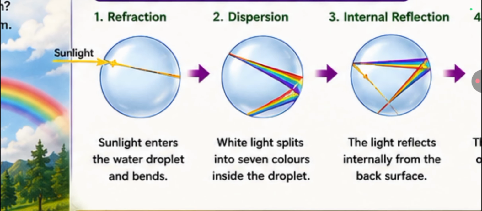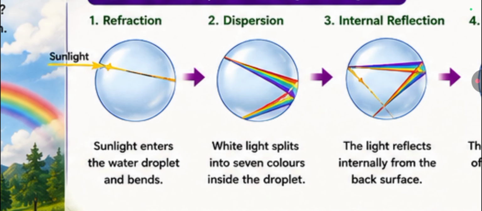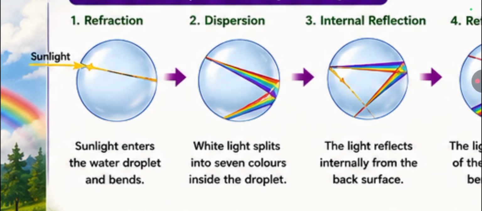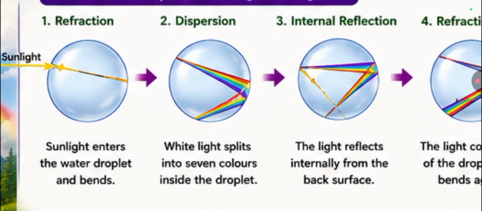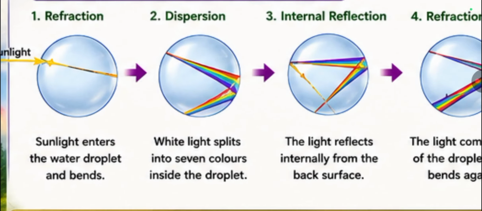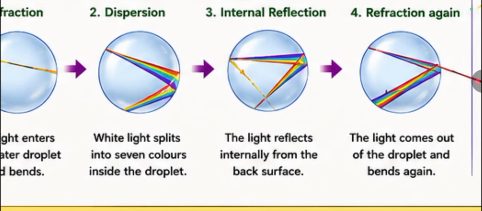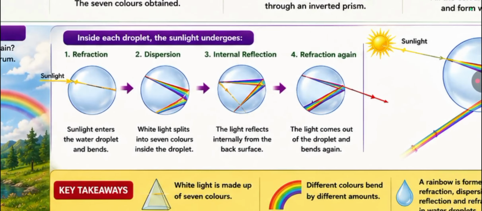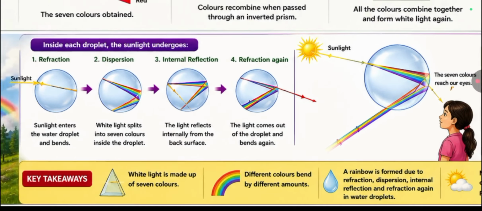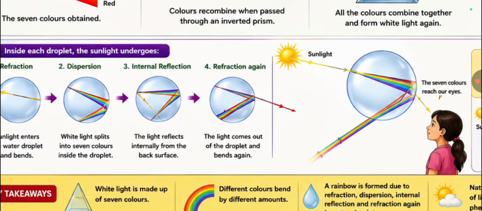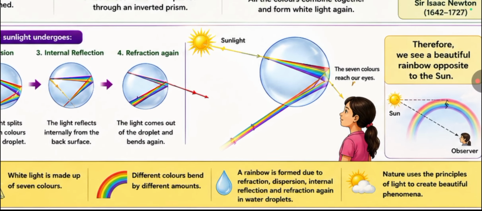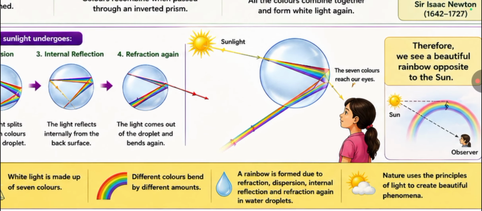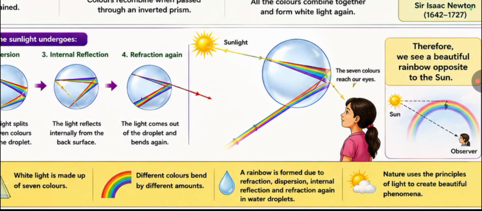Sunlight enters the water droplet and bends, and white light splits into seven colors inside the droplet. The light reflects internally from the back surface. Then the light comes out of the droplet and bends again. Here we have to see how the rainbow is formed. Therefore, we see a beautiful rainbow opposite to the sun.